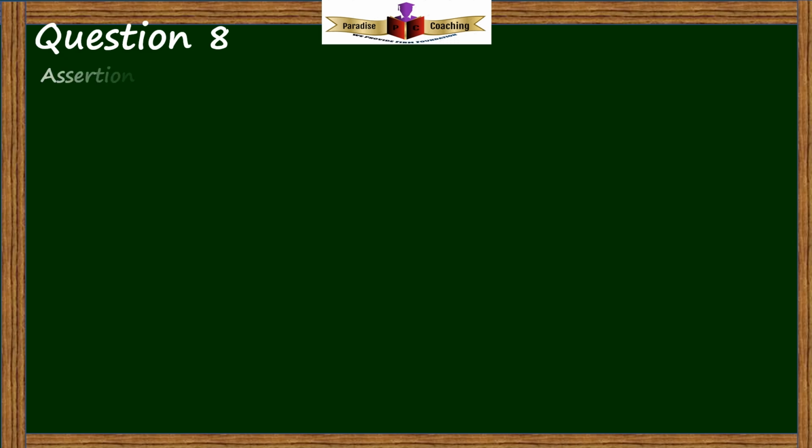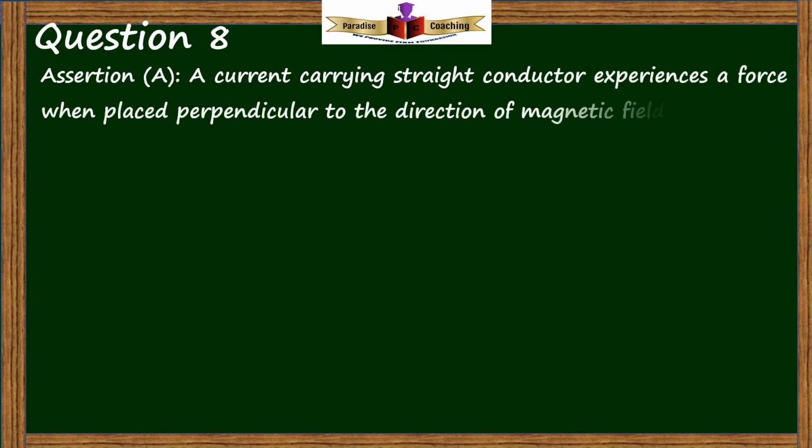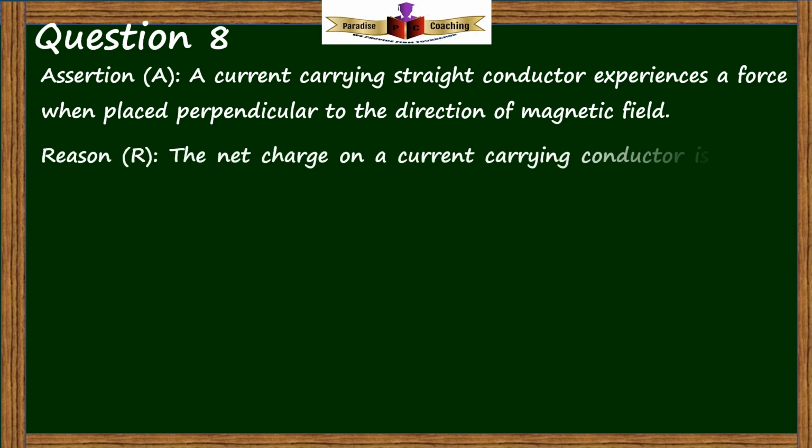Question 8. Assertion A: a current-carrying straight conductor experiences a force when placed perpendicular to the direction of the magnetic field. Reason R: the net charge on a current-carrying conductor is always 0.